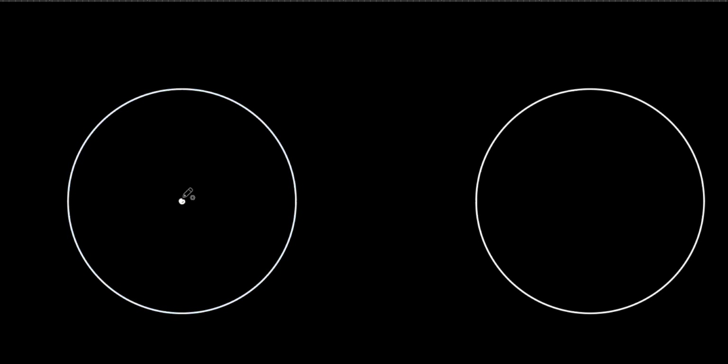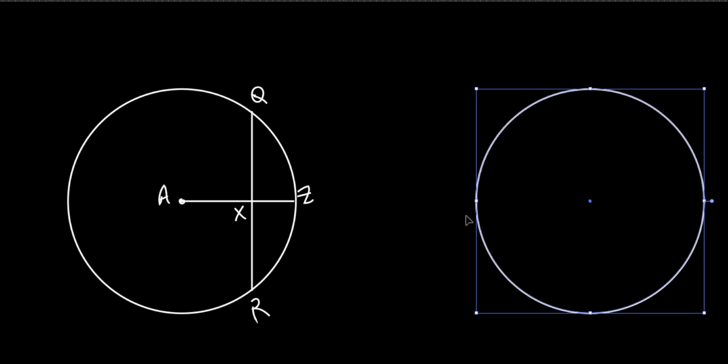So let's draw a radius. Let's draw a chord right there. Okay? And let's label these things. You should be doing this as well. Q, R. Because I'm going to write down some stuff here, and then X is right there. Okay? And let's do the same thing over here.